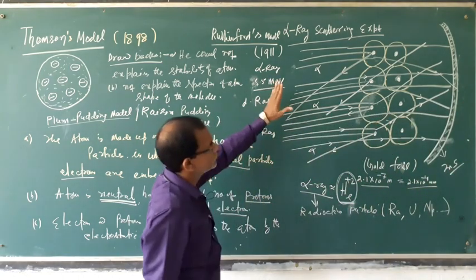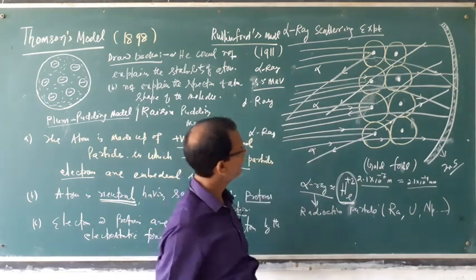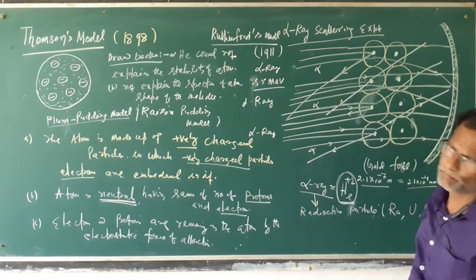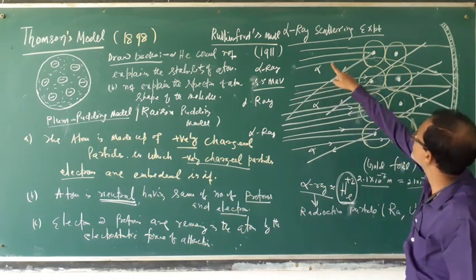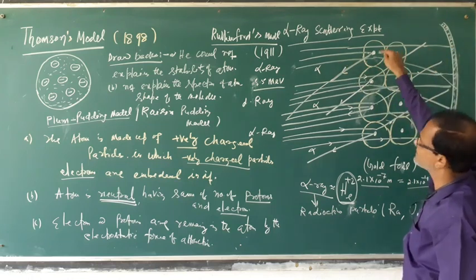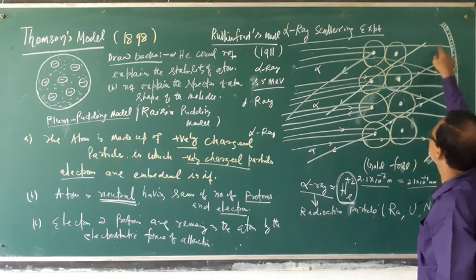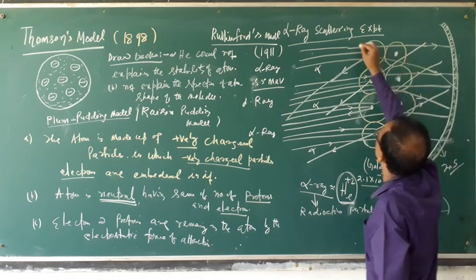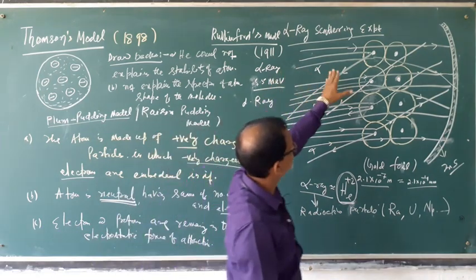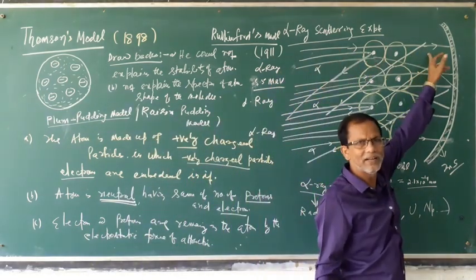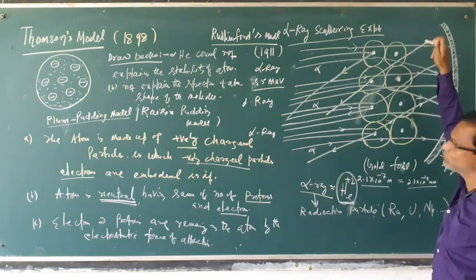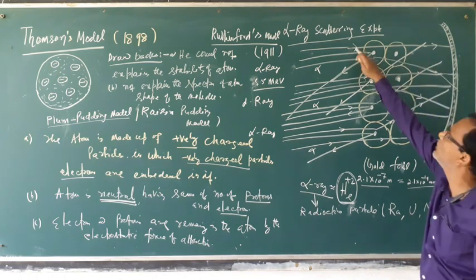Then during the experiment, he found that few alpha rays pass straight after passing through the gold foil, without deflection, no angle produced between the incident and the transmitted ray. The incident ray and the ray passing through the gold foil remain the same, the angle remaining the same.